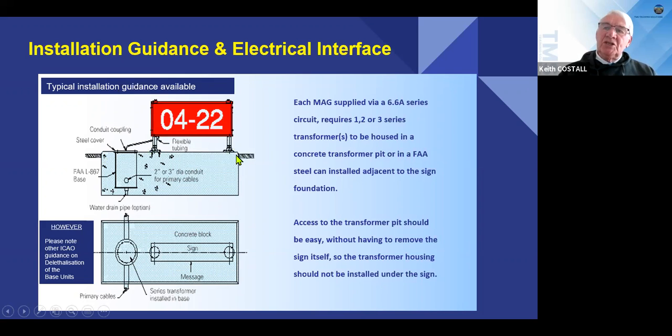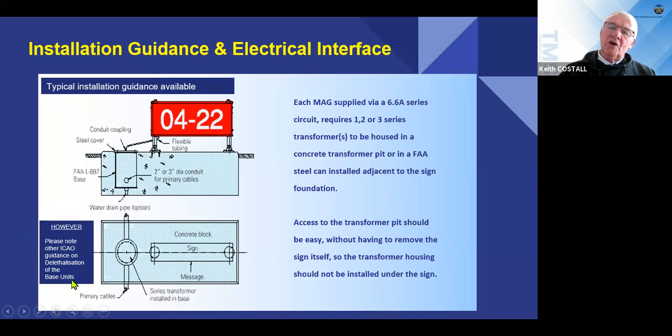Now, we have to take due consideration that this is just a diagram which can show both the physical element, but where we can put the electrical equipment in terms of the isolating transformer adjacent to the guidance sign.